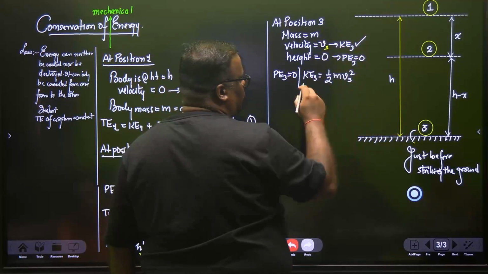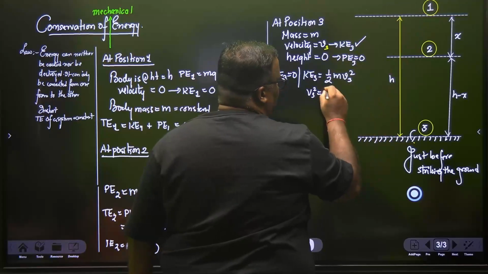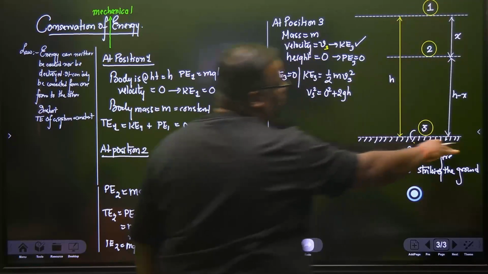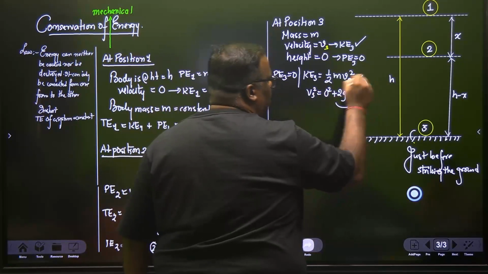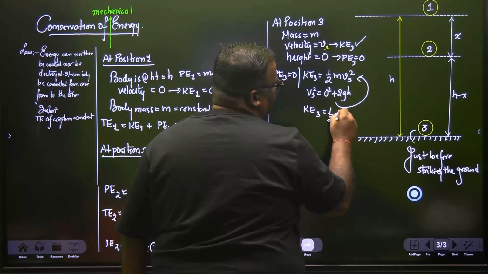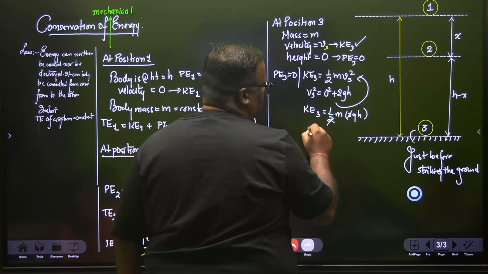Fine. So my kinetic energy would be v3 square. Again, straight line equation. v3 square is equal to, it started from here, 0 square plus 2g into the entire h. Now it has traveled the entire h. So put this value out here. My KE3 becomes half m into 2gh. So 2 and 2 cancel.